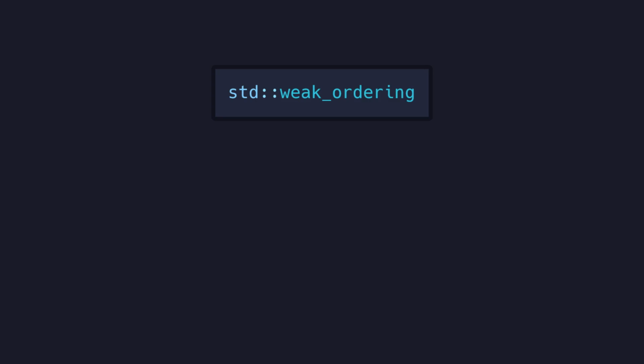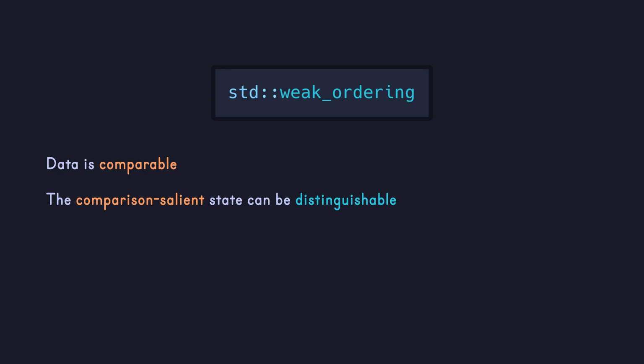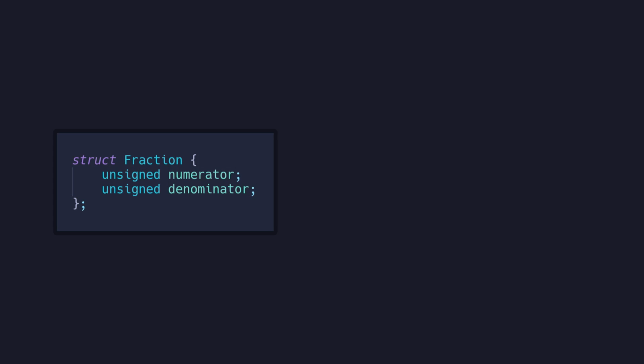Next up, let's take a look at the weak ordering. A weak ordering, just like a strong ordering, implies that the values are comparable, meaning that exactly one of these comparison operators must be true. However, unlike the strong ordering, equivalent values can have distinguishable comparison salient state. Consider this struct called fraction, with a numerator and a denominator.